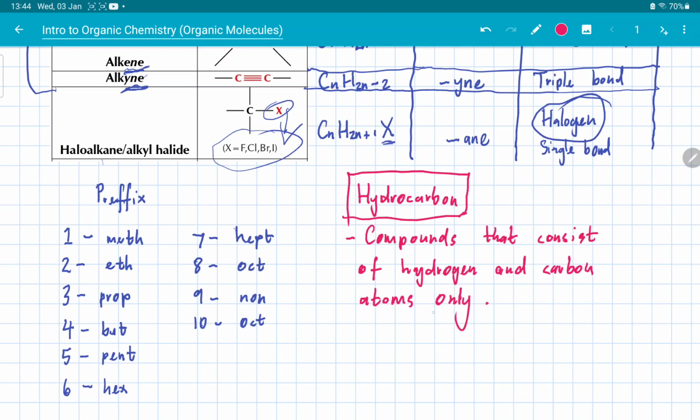And if you leave out that word only, you lose a mark, because you leave ambiguity. It is hydrogen and carbon. What if you include fluorine? That means fluorine is about haloalkane.